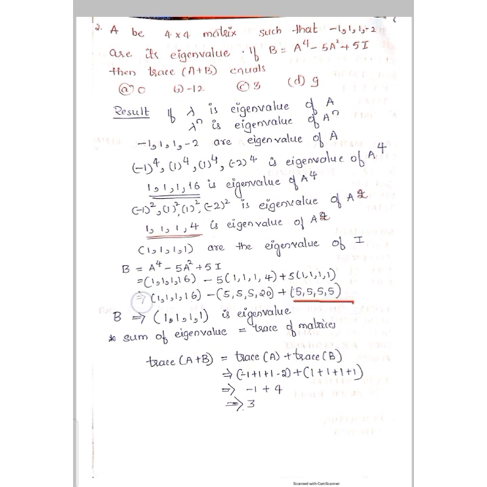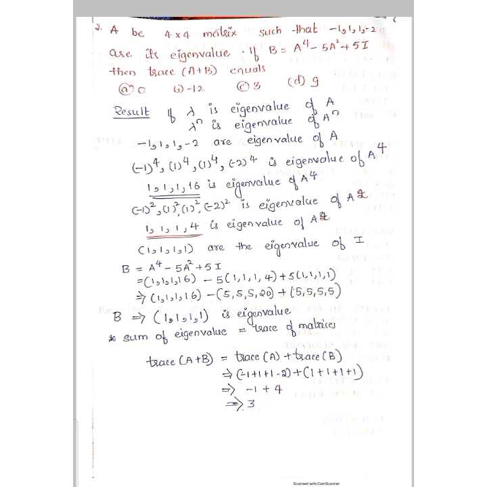Now just simplify. 1 minus 5 plus 5 becomes 1. Next, for the corresponding element, we have 1, then minus 5 and plus 5, which cancel out. Again you get 1.